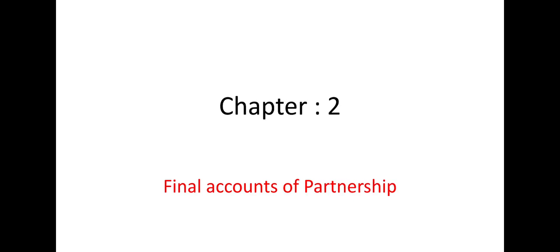Good morning, students. Now in this video, we are going to solve another sum in final account textbook part 1. In the last video, we saw the sum of Brahma and Vishnu, in which trading account was not to be prepared.